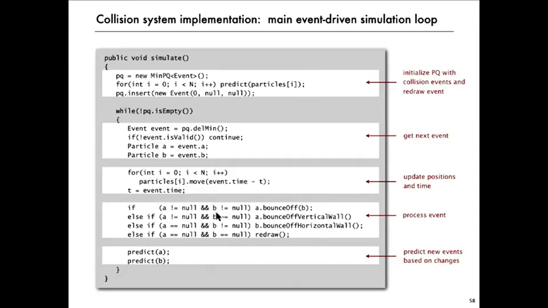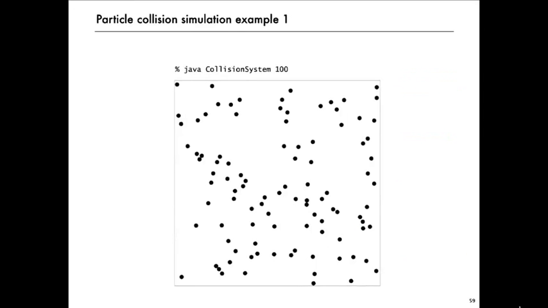And then we test which of the 4 types of events it is: either redraw, bounce B off A, or bounce off a vertical wall or horizontal wall. And then we do the predictions for each of those particles, A and B, against all other particles. That's pretty much all the code for the simulation.